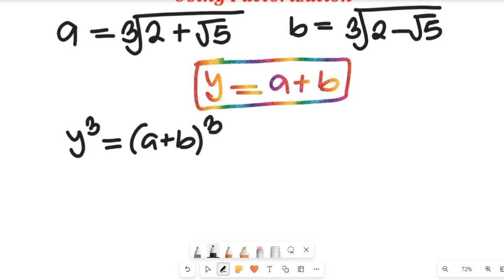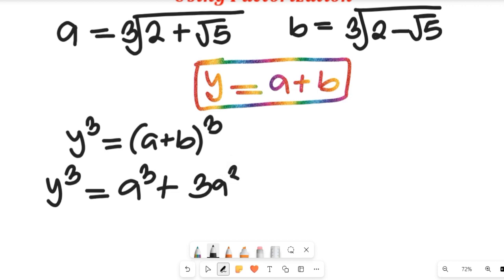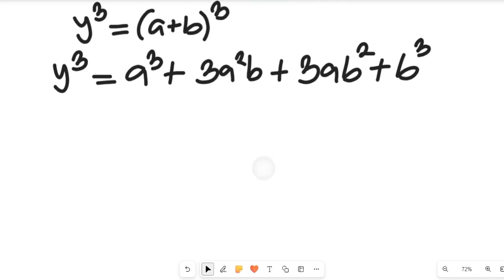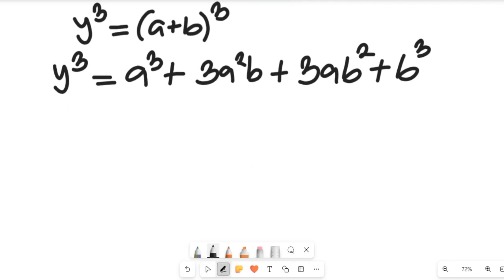Now, if I expand the right-hand side of the equation, that will give me a to the power of 3, plus 3a squared multiplied by b, plus 3ab squared, plus b cubed. Great.